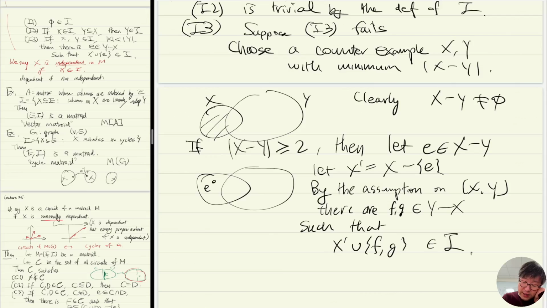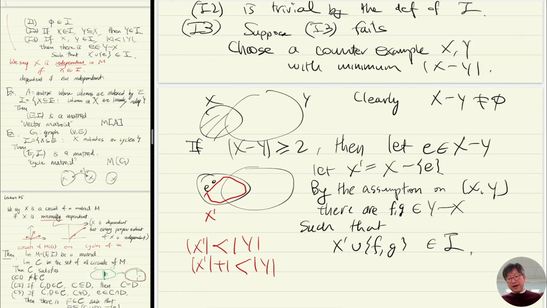Why? Because when I deleted this element, X prime is smaller than Y, and X prime plus one is still smaller than Y, right? So I can apply I3 twice. In both cases, X minus Y is still smaller.